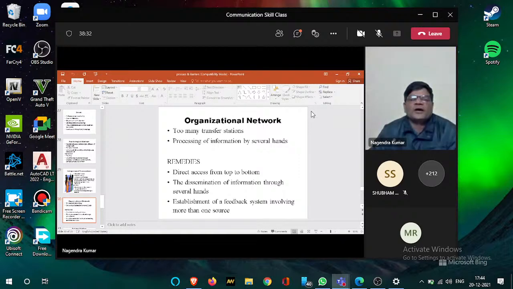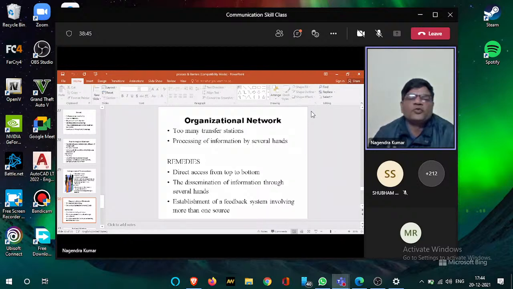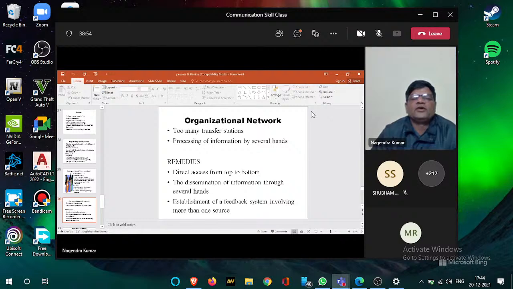And the organization should establish a feedback system involving more than one source. Why? Because if there is only one source, there is likelihood that some person who is responsible for receiving the message, if he or she has a malafide intention, might hide information.